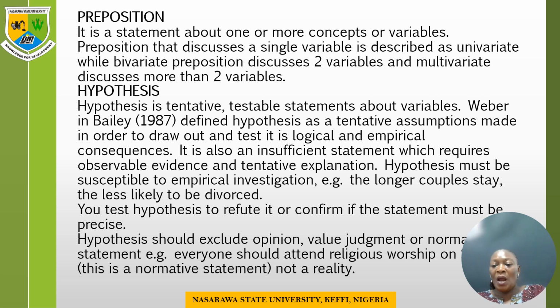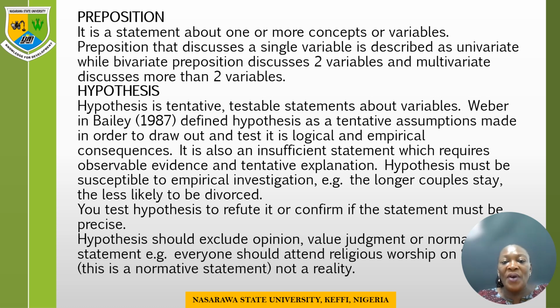Or if we're talking about malpractice in school, we say cultism is causing failure and other things. It can be rape, it can be any other thing. That is what we see as a multivariate proposition.